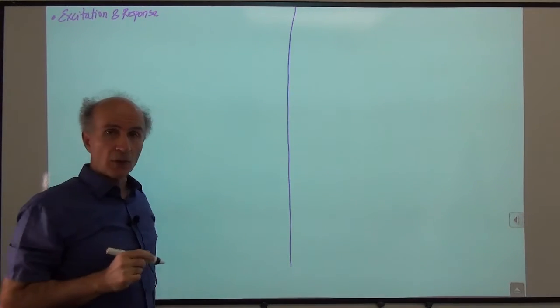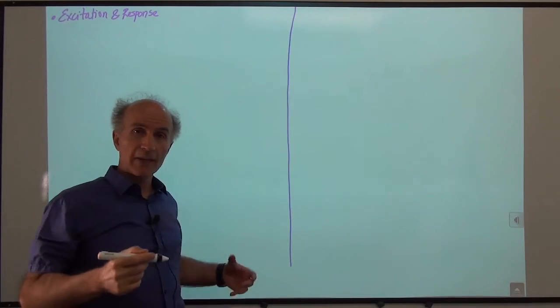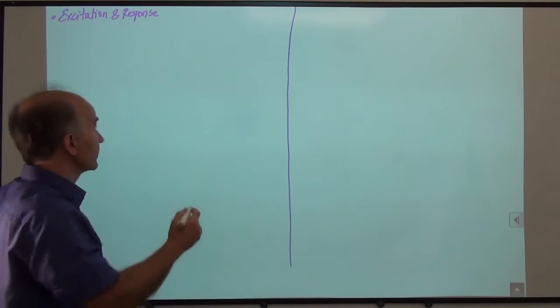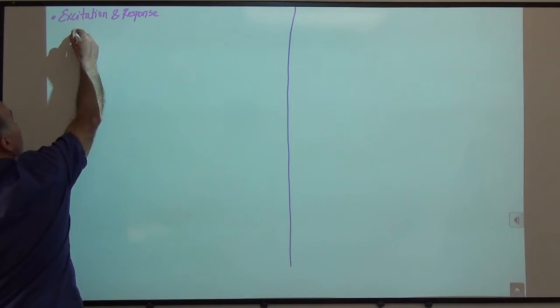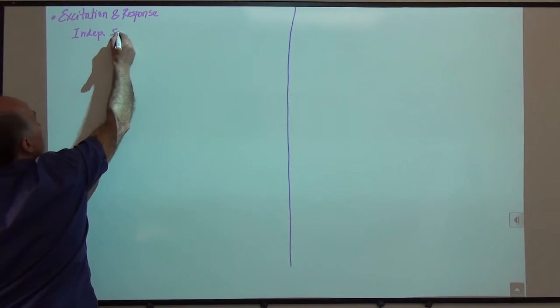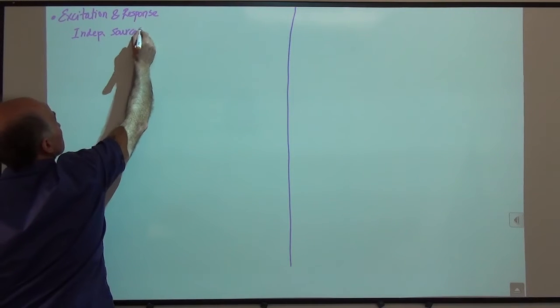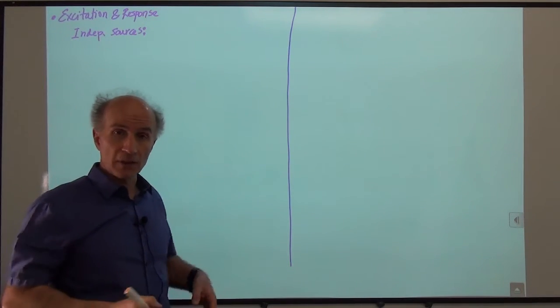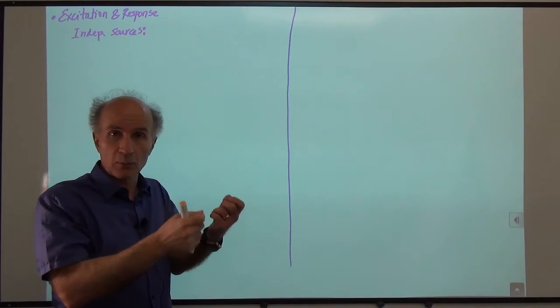All right, so if we have a circuit, it has a bunch of independent sources, voltage sources and current sources. So we have independent sources. And we can consider these independent sources as excitation. They're exciting the circuit with whatever they're applying.